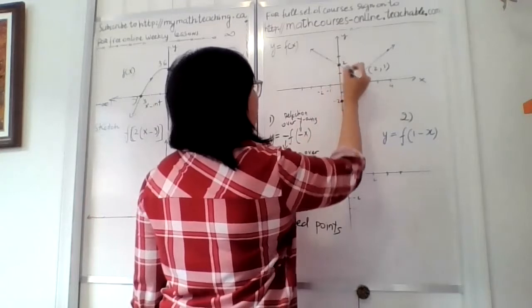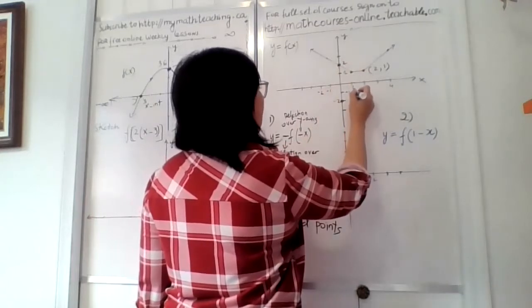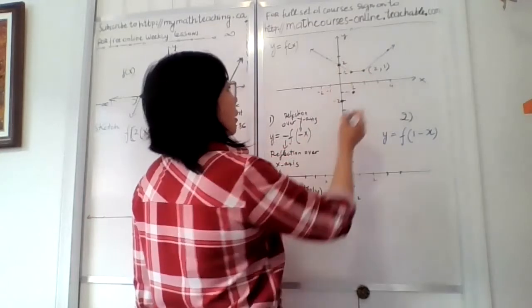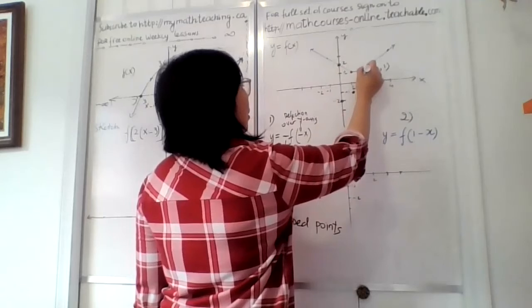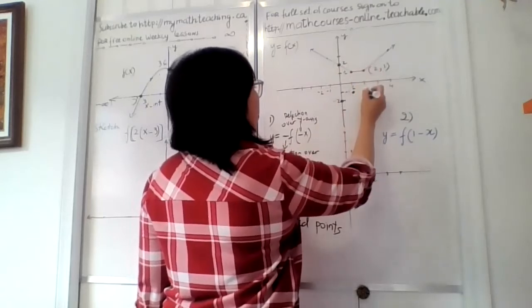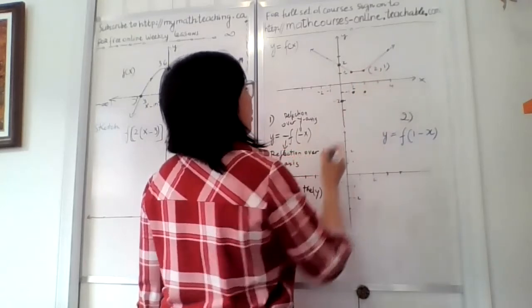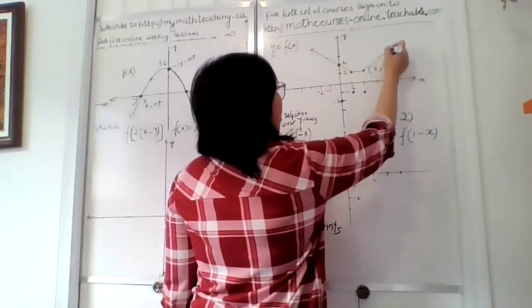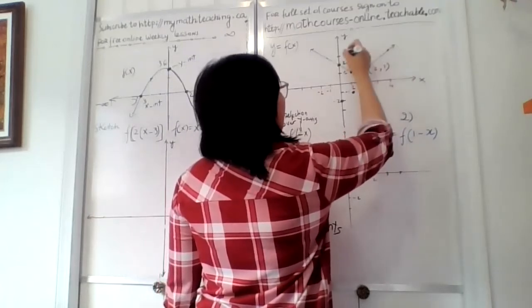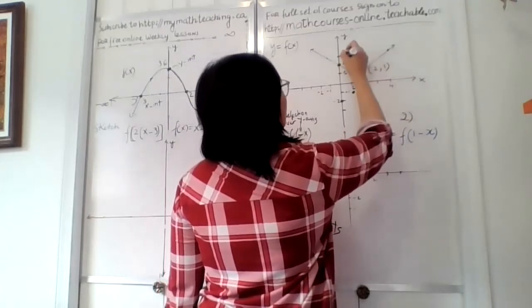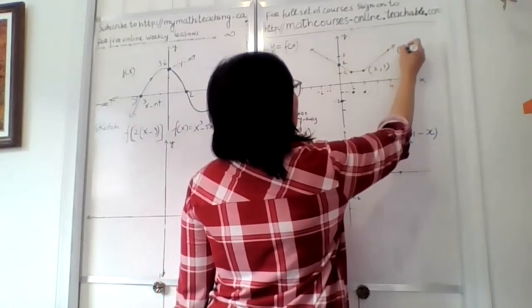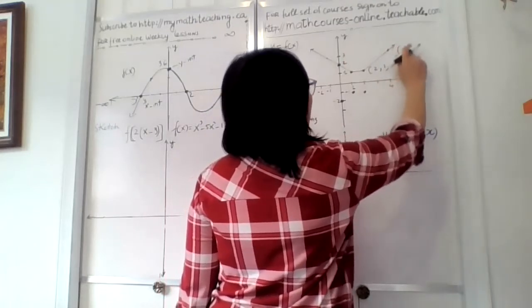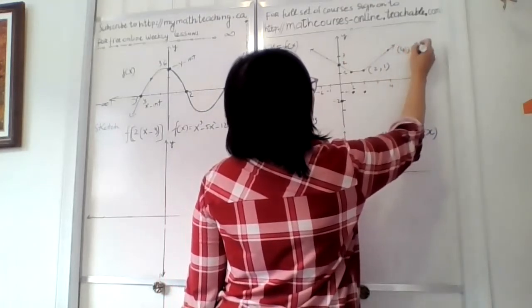This point is 1 for y, now reflected to -1 for y. You see, 1 for y as well will reflect over here. This point at this level is 3 for y, right? So this is 4 for x and 3 for y.